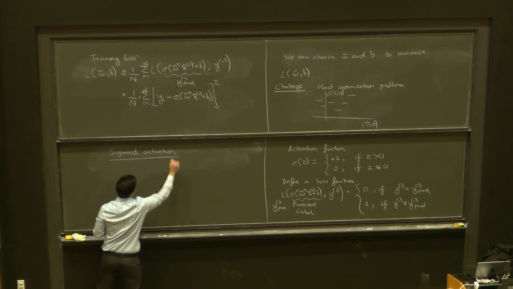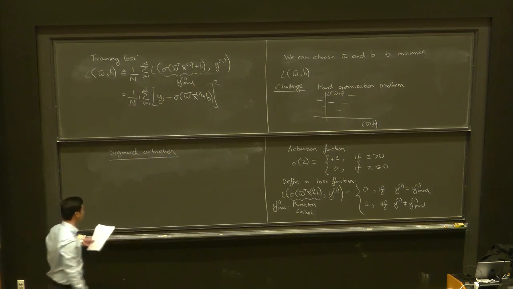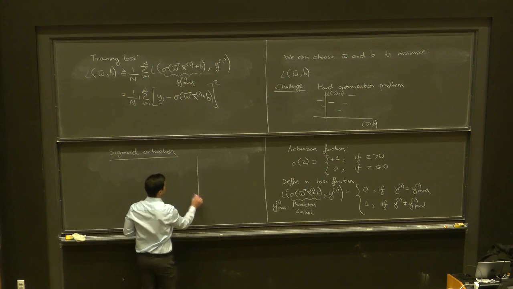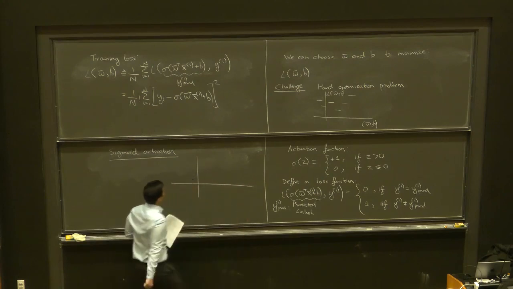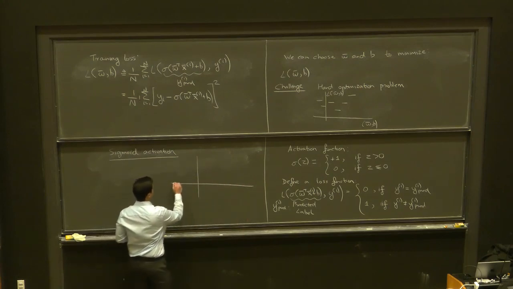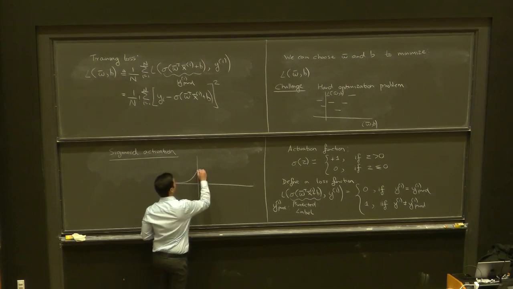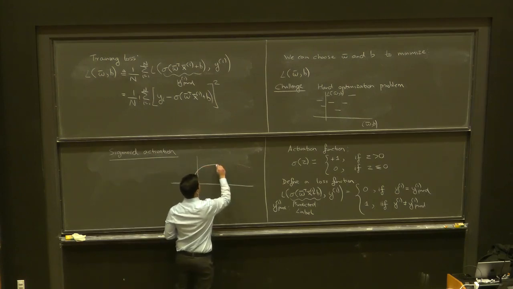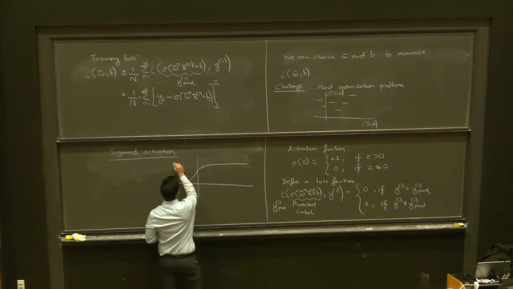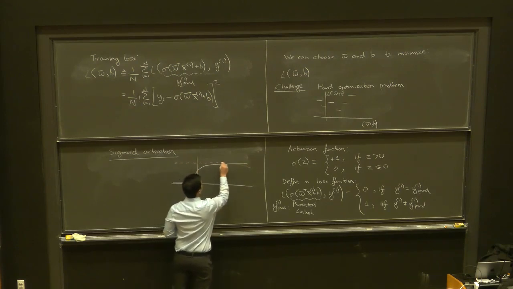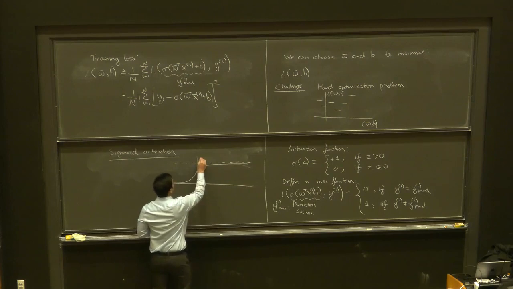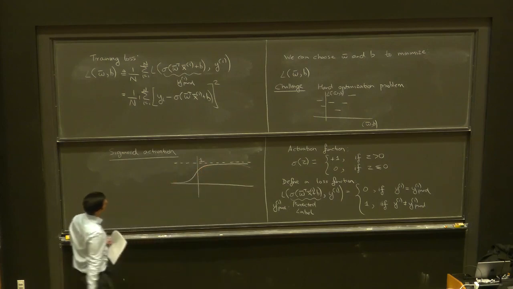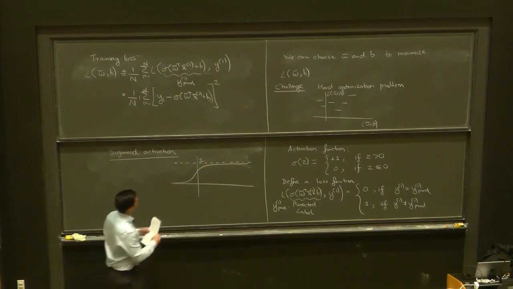So one choice is what's known as the sigmoid activation. In this case, we'll choose something that goes from 0 to 1, asymptotically approaching 1.